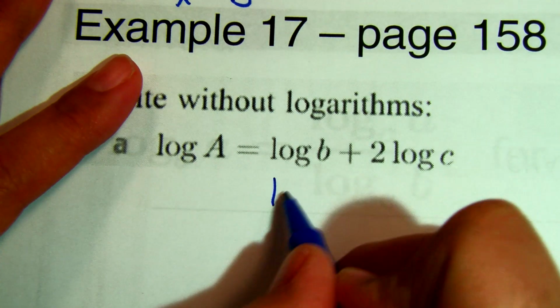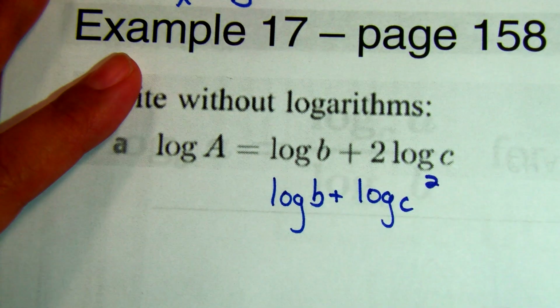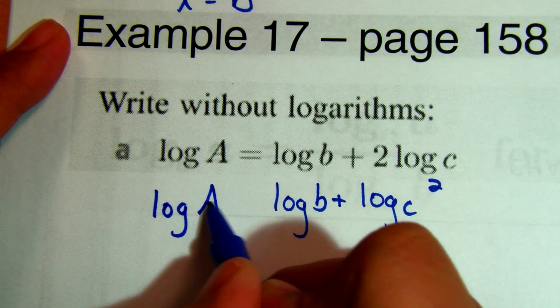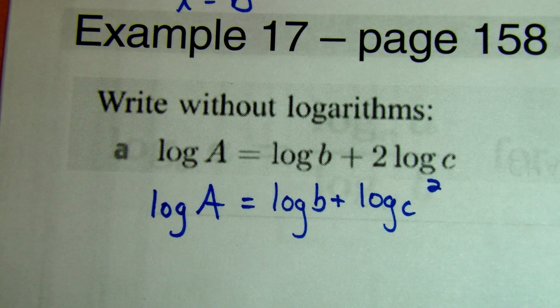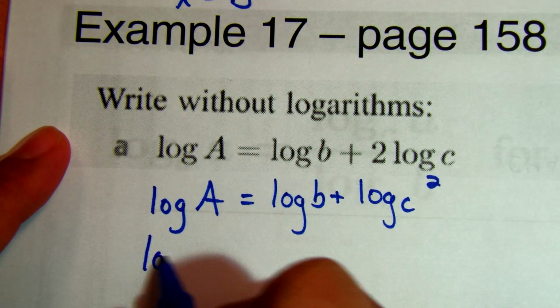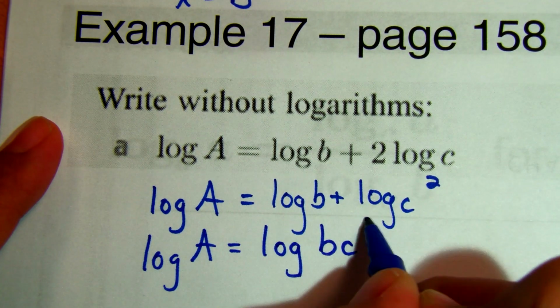So that's going to be log b plus log c squared. So addition becomes what? Multiplication. So log A is equal to log B C squared.